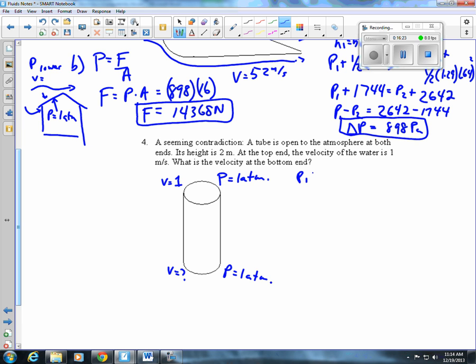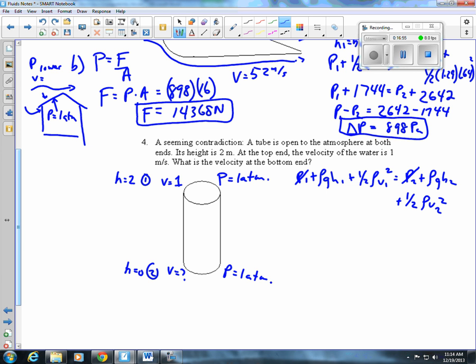So P1 plus rho g H1 plus 1/2 rho V1 squared is equal to P2 plus rho g H2 plus 1/2 rho V2 squared. Now, the pressures are the same, so I can cancel them. So pressure 1 and pressure 2 are gone. I'm going to call this point 1 and this point 2. Here the height is 0, and up here the height is 2 meters. So now I can start plugging in.